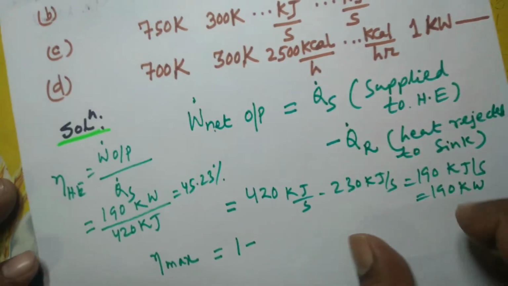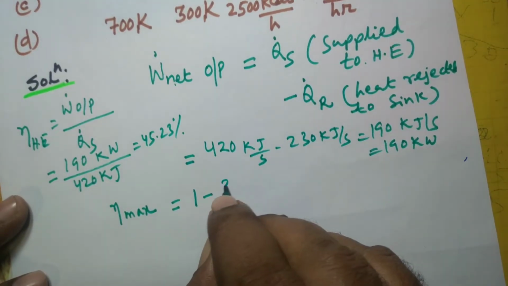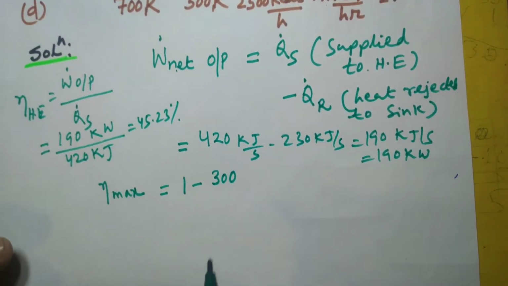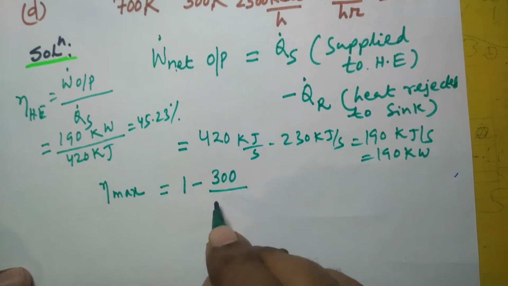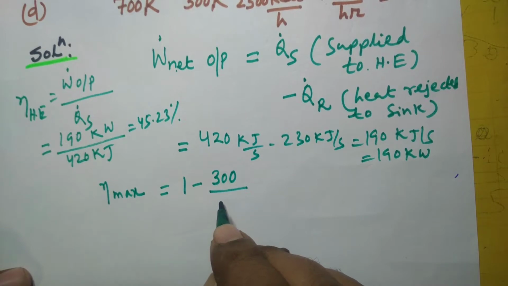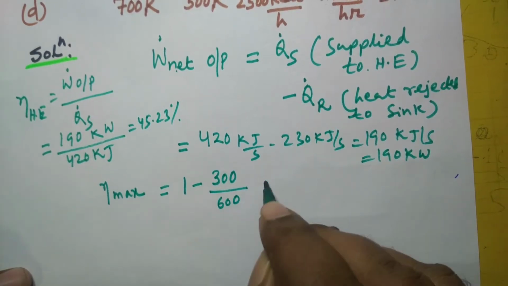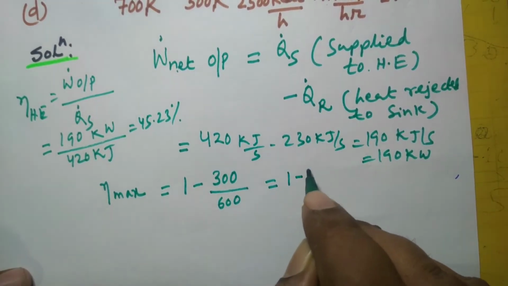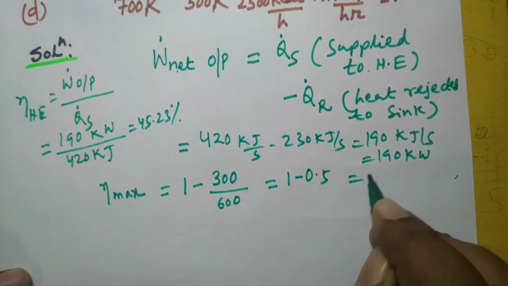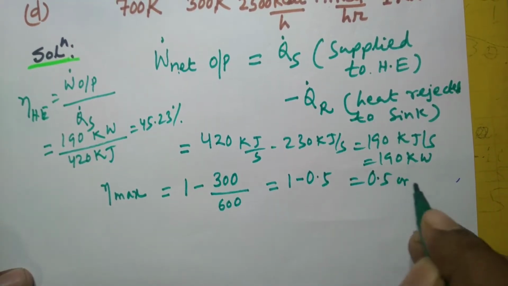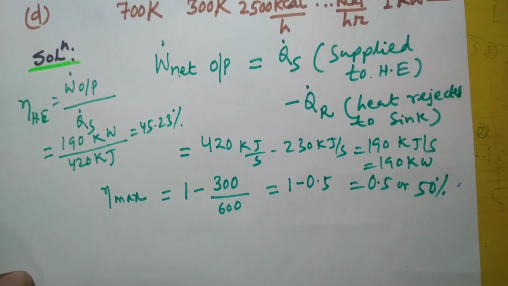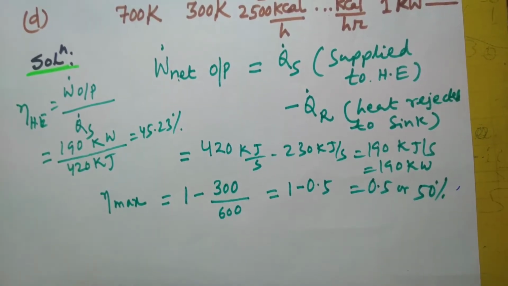If you convert that into Kelvin, that will be 273 plus 27, that is 300, divided by 273 plus 327, which is 600 Kelvin. So this is equal to 50%. So 50% is the efficiency of a reversible heat engine operating between these two temperature levels, that is 327 degrees Celsius and 27 degrees Celsius.